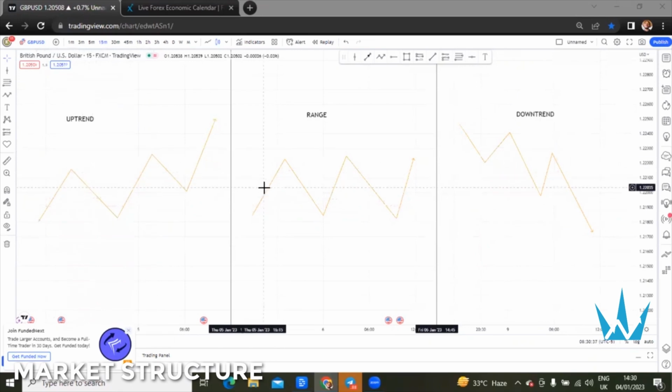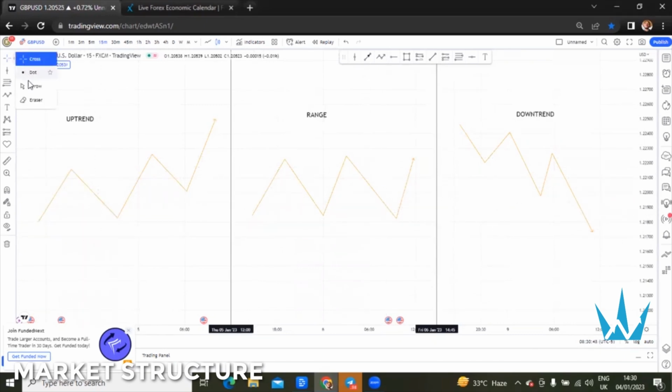Look at the range. The range is not going either higher or lower, it's just moving in waves. But the uptrend is moving in waves, but each high surpasses the previous high.